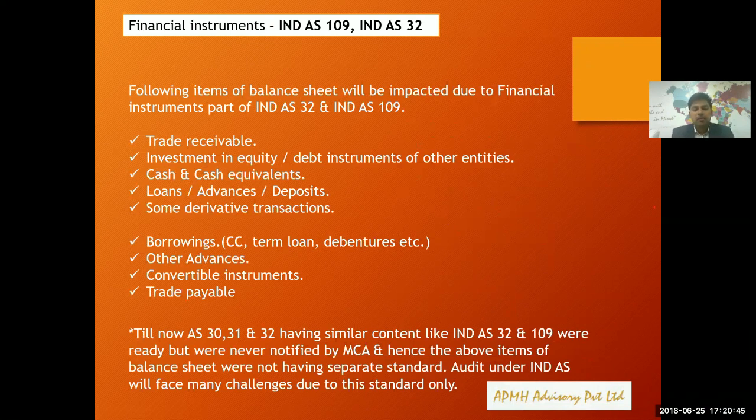Till now, if you understand, the majority of NBFCs will be having investment in debt securities, or long-term equity investment, or loans or advances taken or given. All these items, say investments, were earlier covered by only one accounting standard, that is Accounting Standard 13, which used to speak only regarding current and long-term classification, and did not give any measurement principles that you have to measure at fair value or some other rate.